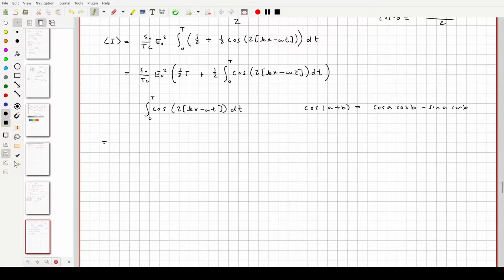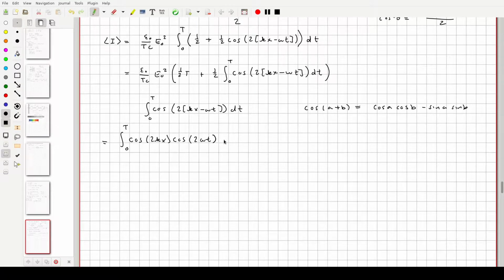So what that means is that I can write this particular integral the following way. It's actually two integrals from 0 to t. We'd have a cosine of 2kx cosine of 2 omega t. You might be wondering where the negative goes.